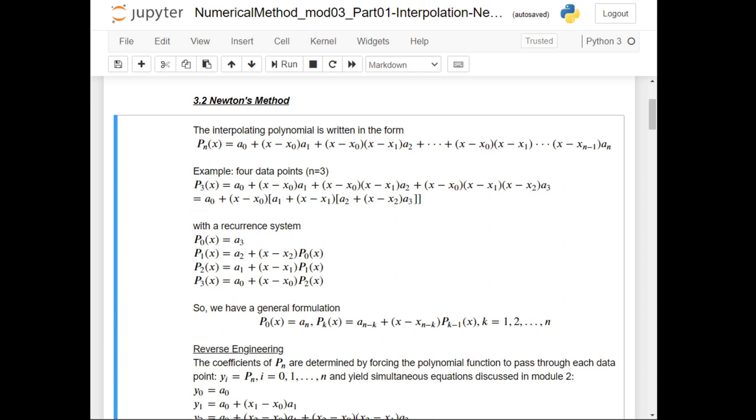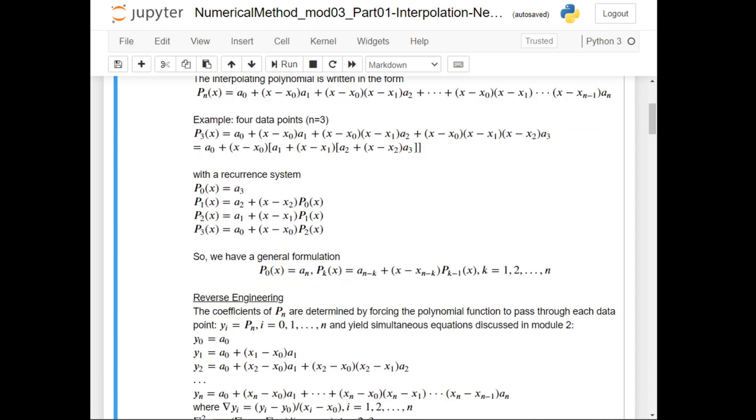break down p3 of x, or the function of the third degree polynomial, into 4 parts. So the first, the 0 degree, so we have the constant, we have the linear, okay, multiplying the 0 degree here, and we have the quadratic, and then we have finally the third degree polynomial.